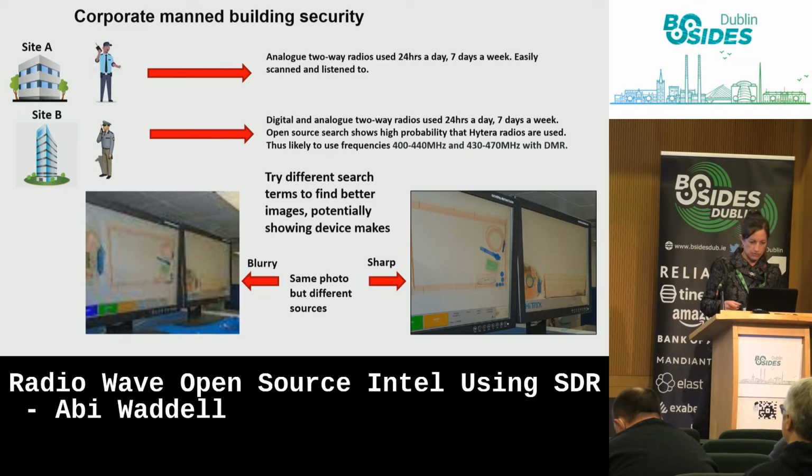Can't really read or see what the make is. However, a search for screening device plus the name of this base shows another photo, which shows the device make quite clearly, Hytrax. So whilst this isn't a typical IoT device, it's basically the same principles.